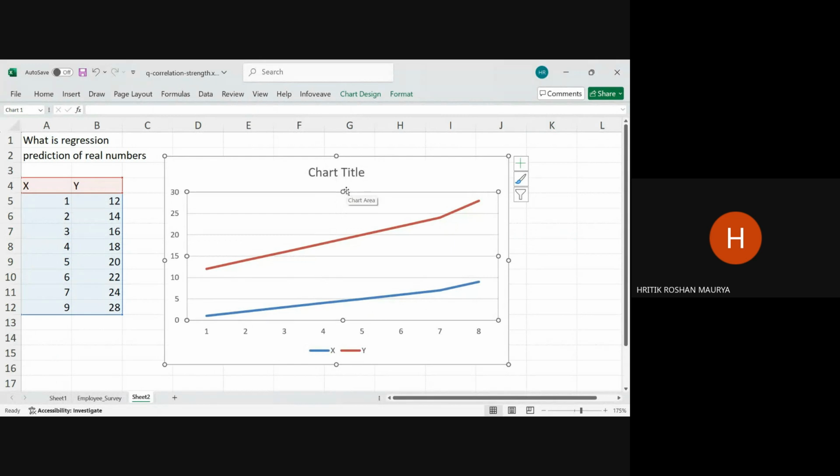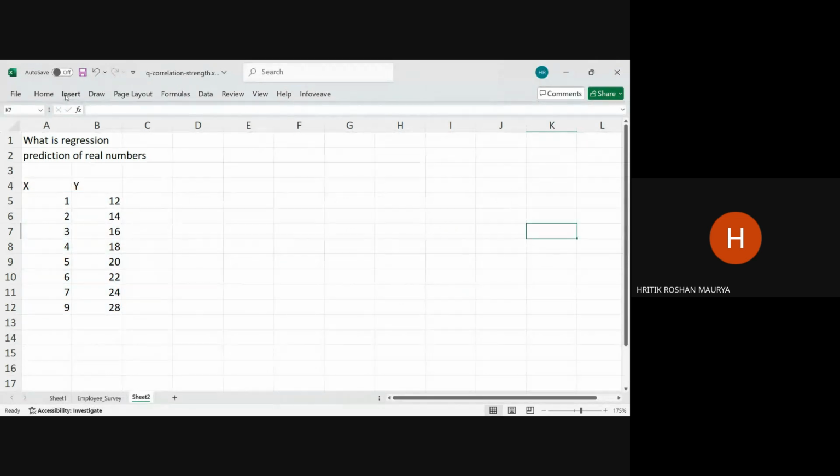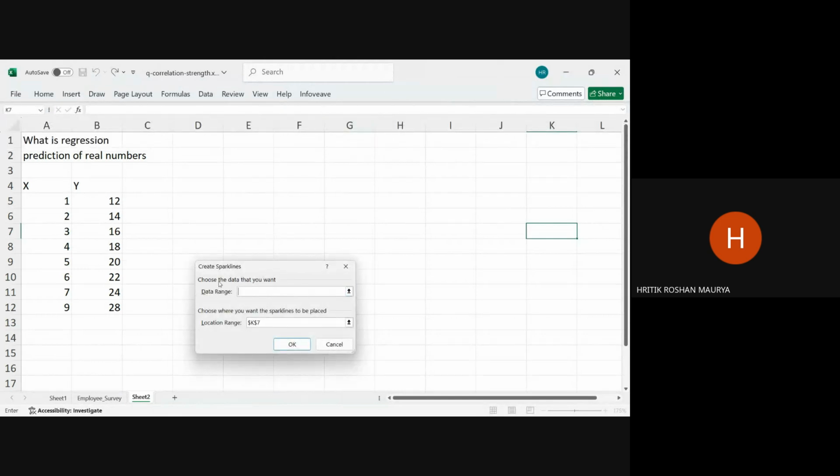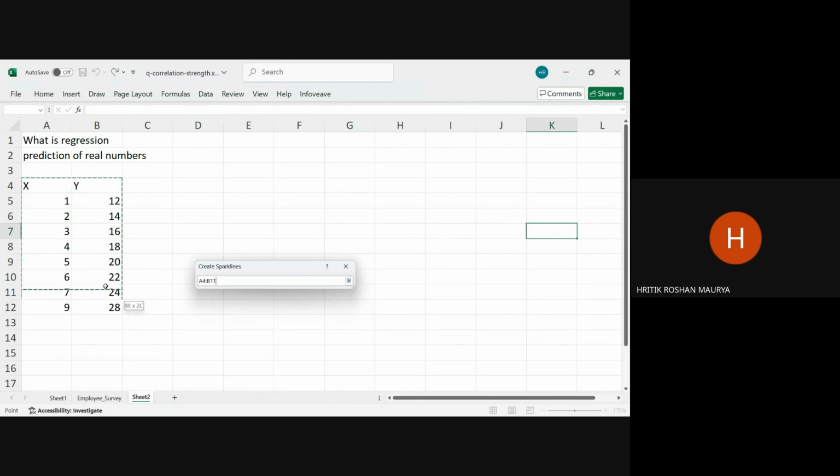No, it is not working. Yeah, line chart.